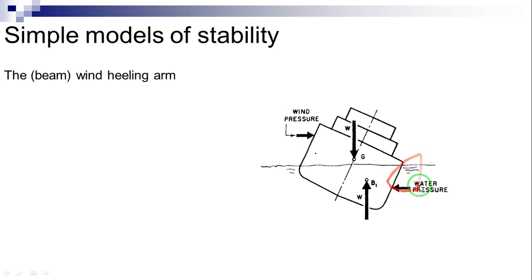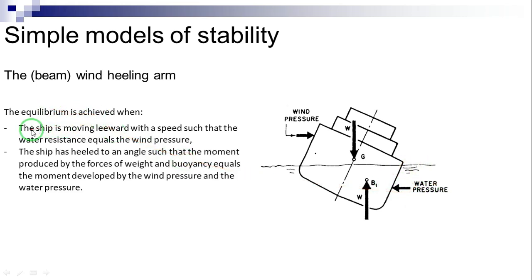The equilibrium is achieved when the ship is moving leeward with a speed such that the water resistance equals the wind pressure, and the ship has heeled to an angle such that the moment produced by the forces of weight and buoyancy equals the moment developed by the wind pressure and the water pressure.